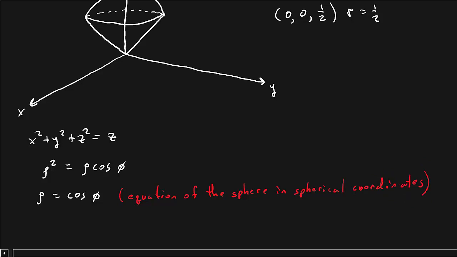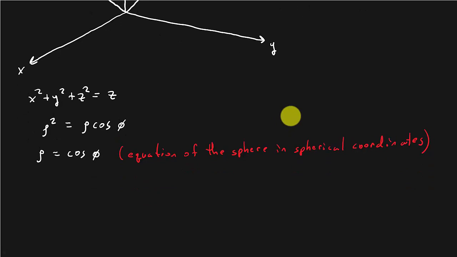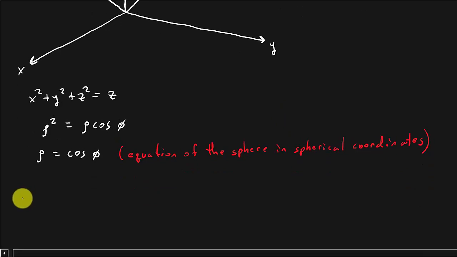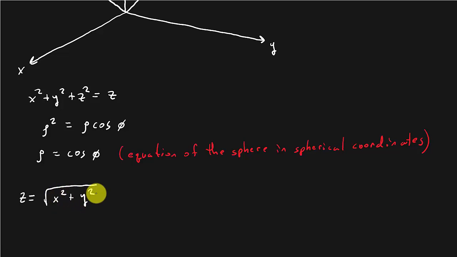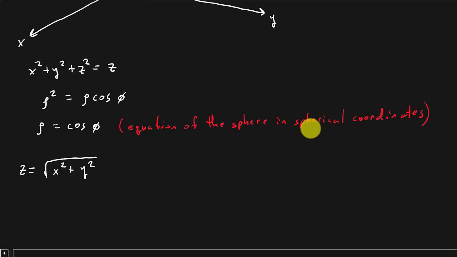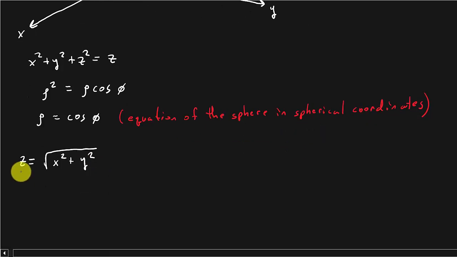And then I know that the equation of the cone is z is equal to the square root of x squared plus y squared. Now I'm taking the equation of the sphere and the equation of the cone and putting them in spherical coordinates. Well, what is z?